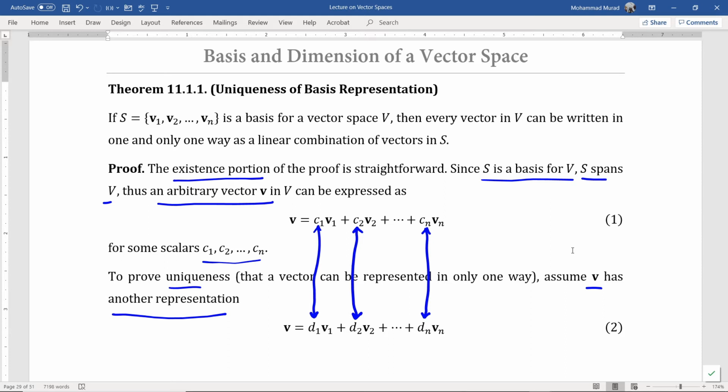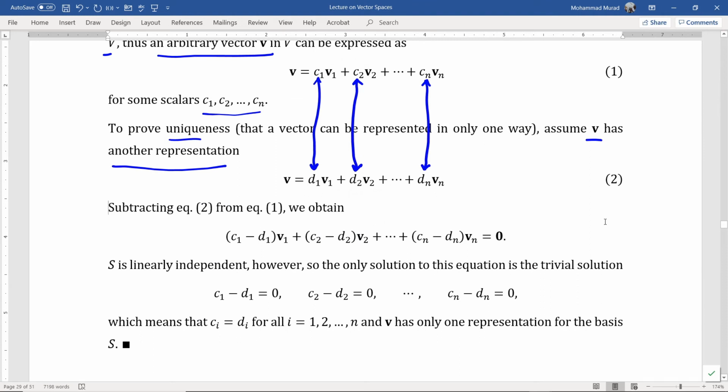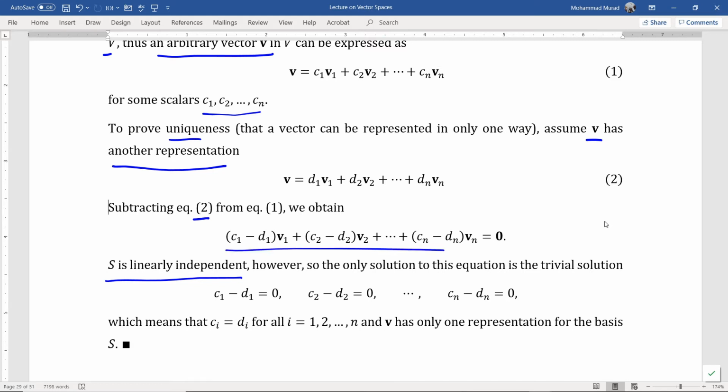Thus, the uniqueness of the presentation will be proved. To show that, we subtract equation 2 from equation 1, and we obtain this equation. Since S is linearly independent, the only solution to this equation is the trivial solution, namely the coefficients are all equal to 0.